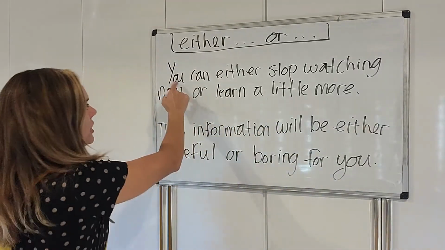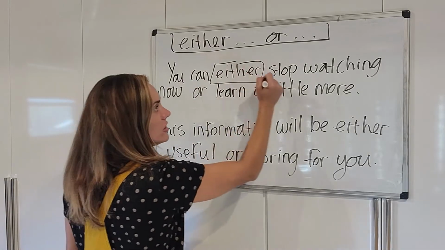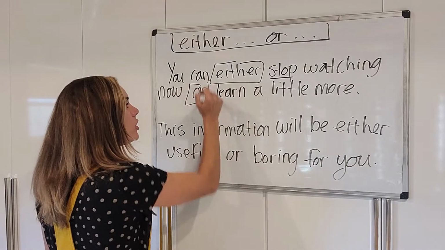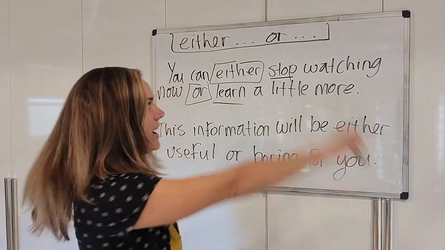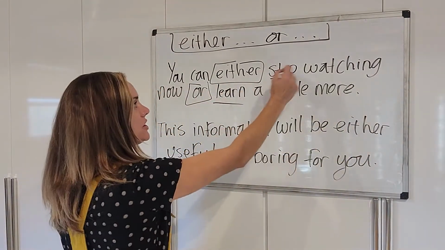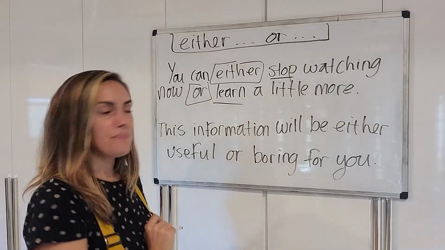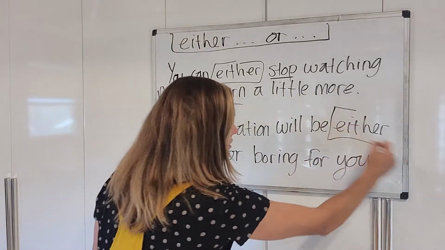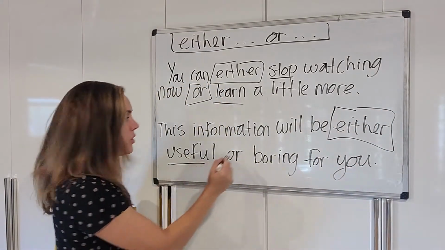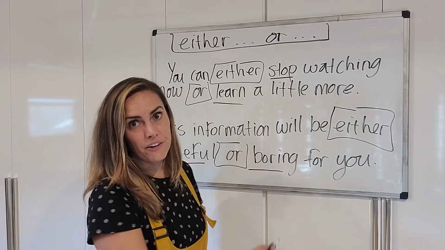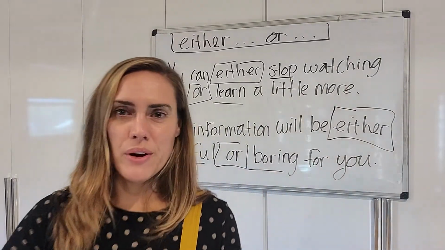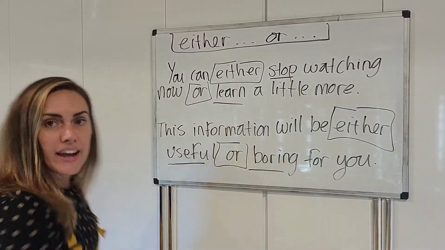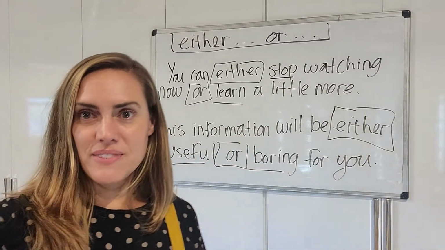You can either stop watching now, or learn a little more. After the conjunction, I have a verb and a verb in the base form. Over here, this information will be either useful or boring for you. Hopefully it's not boring. It's kind of boring, but once you can use it, it's nice. And there we go. We have parallel structure.